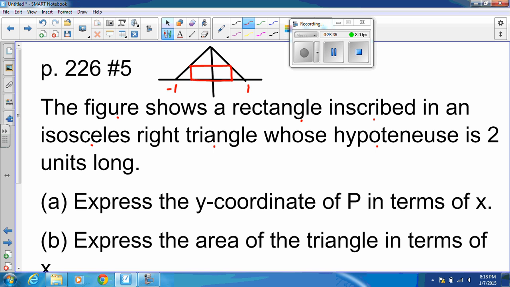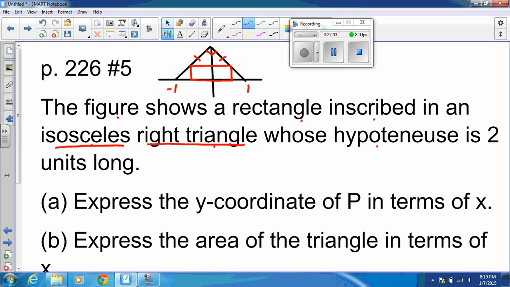Okay, so the figure shows a rectangle inscribed in an isosceles right triangle whose hypotenuse is 2 units long. Now immediately we want to come back and see that the diagram is reflecting what the language says. So I have an isosceles right triangle, so immediately my mind says, well, where's the right angle? Aha, the right angle is right here. And why is it isosceles?